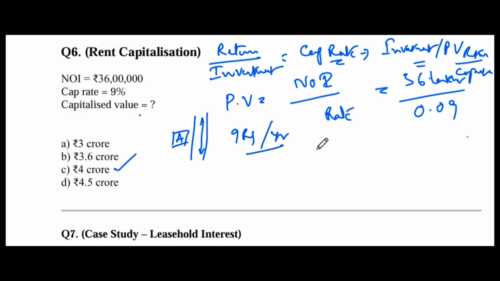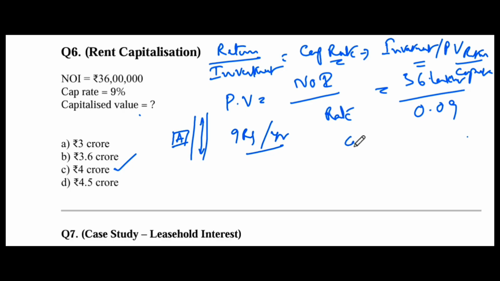The concept of capitalization means the percentage of the return compared to the worth of the property right now, the investment I have to put right now for getting a return of 9 rupees per year.